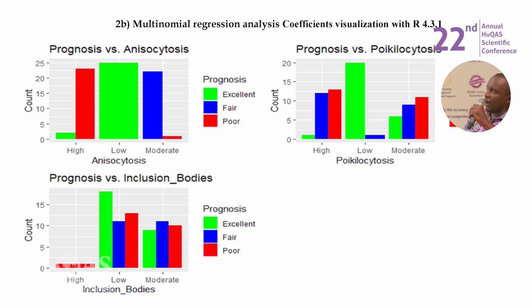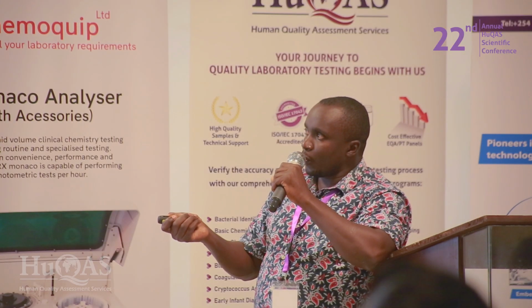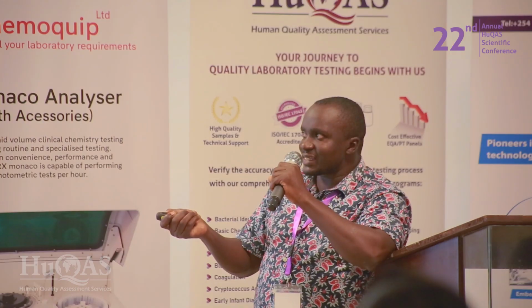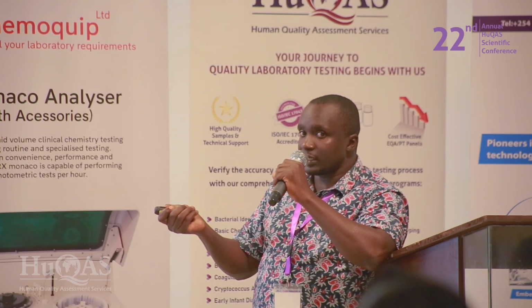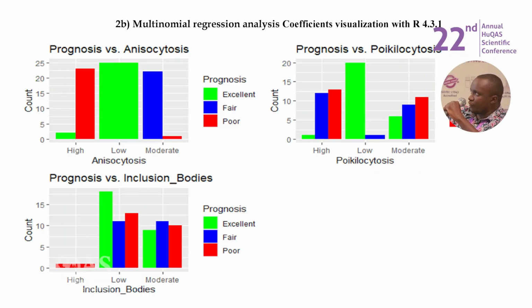When we have high anisocytosis, we have poor prognosis, but we have a certain element of excellent prognosis. You can see our chart here, the chart of prognosis: we have excellent, fair, and poor. When we have low anisocytosis, we have excellent prognosis.